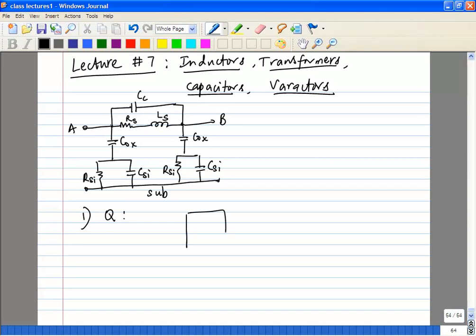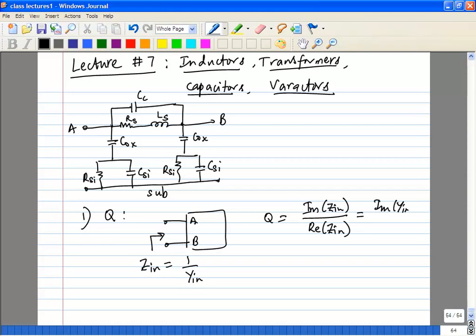So let's say your inductor has the two ports A and B. The way we are going to evaluate the Q is to look at Zin, which is of course 1 over Yin, and we are going to use Q equals imaginary part of Zin over real part of Zin, and this also happens to be imaginary part of Yin over real part of Yin.